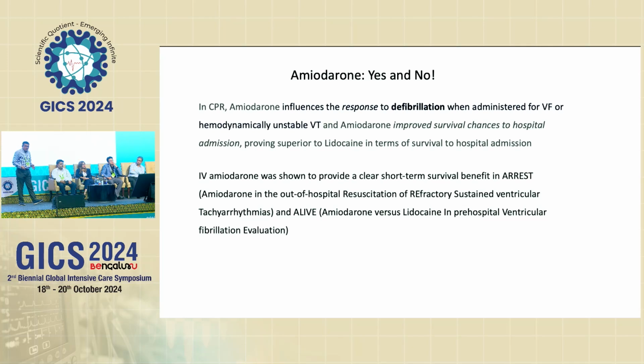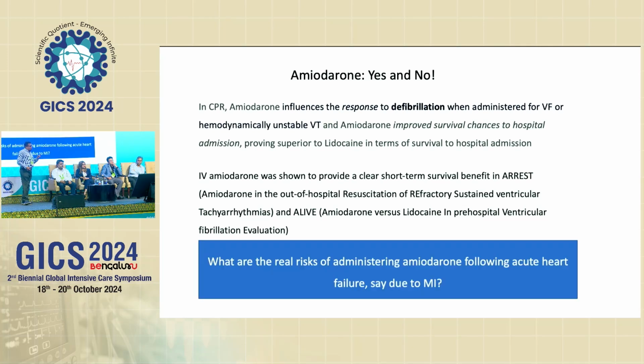Now, despite all this, what are the real risks of administering amiodarone following acute heart failure, say due to MI, which is a very common cause of sudden cardiac arrest, and we don't use, and rightly we don't use amiodarone, although the guidelines say with the proofs that it needs to be used.